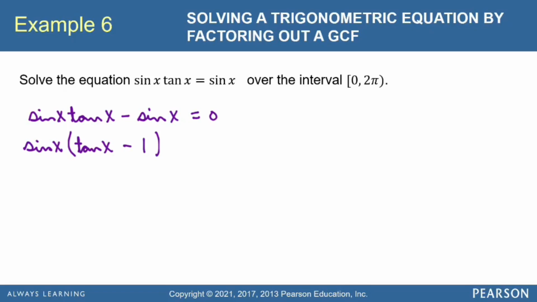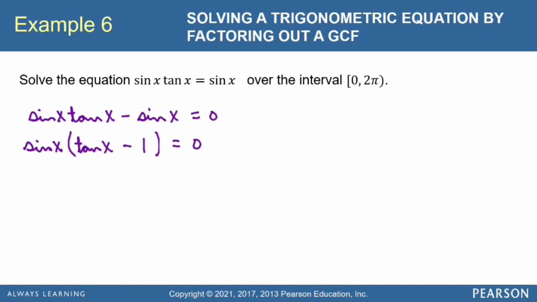And now at this point, a lot of students leave this as it is and go on to the next step. But remember, the next step is to say that since sine of x times this parentheses equals 0, then one of the factors must be equal to 0. But I don't have anything here telling me that this factoring equals 0.